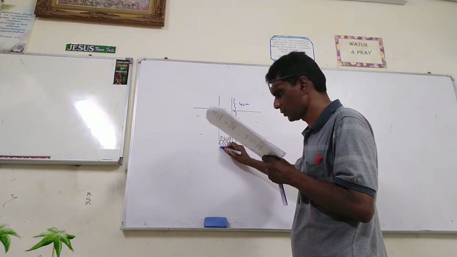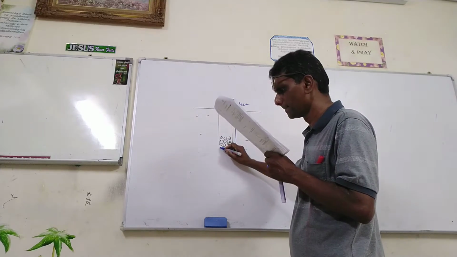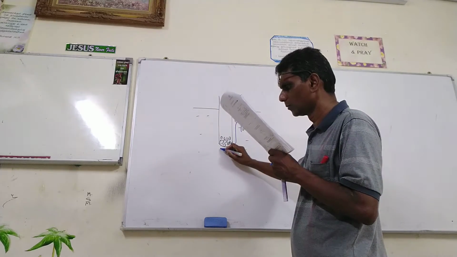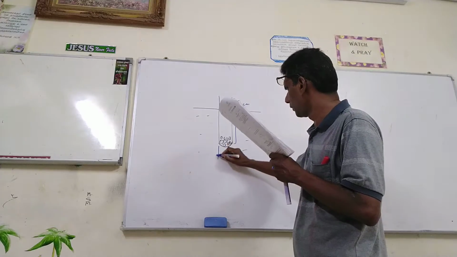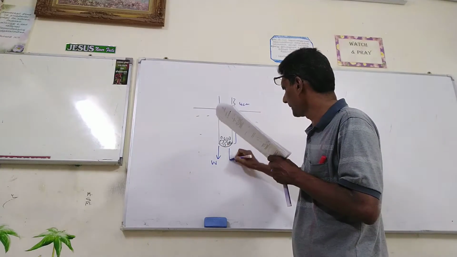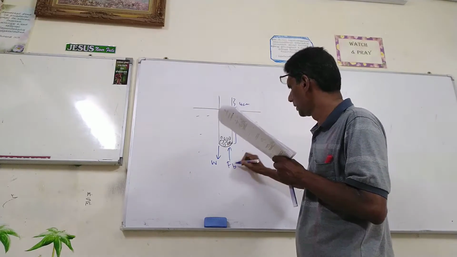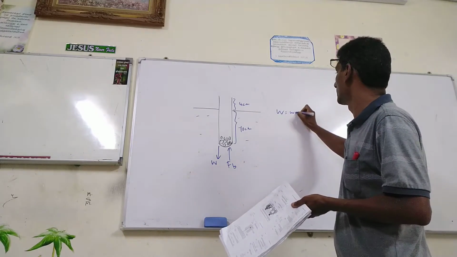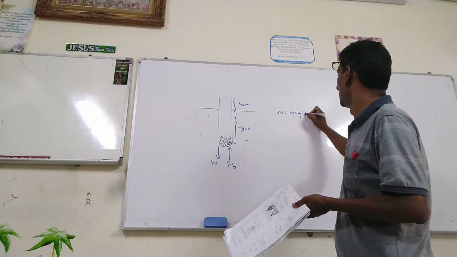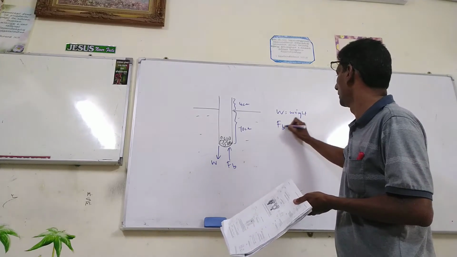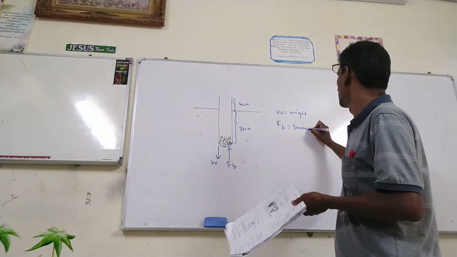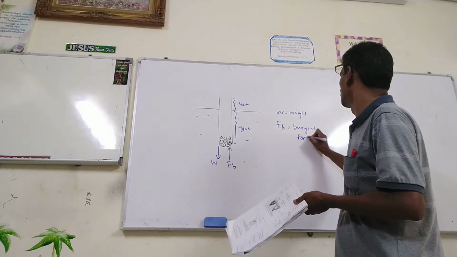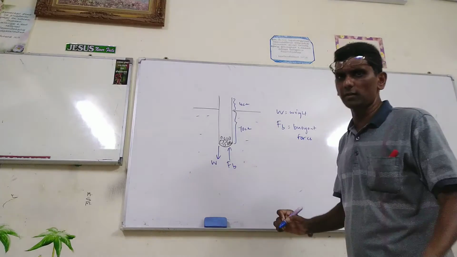The first force is the weight and the second force is FB. So you can write like this, W equals weight, FB is the buoyant force.